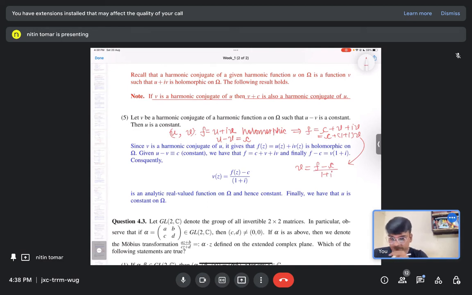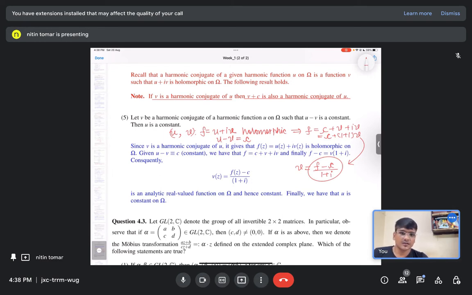Now F is holomorphic, so F minus C is holomorphic, and we are dividing by 1 plus iota, so this is holomorphic. So V is a holomorphic function.